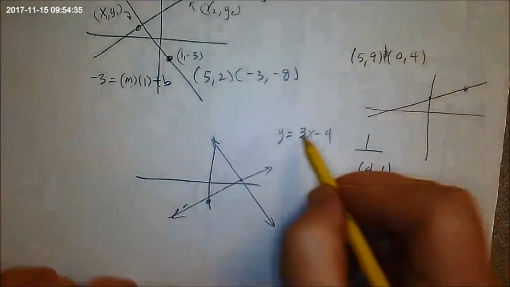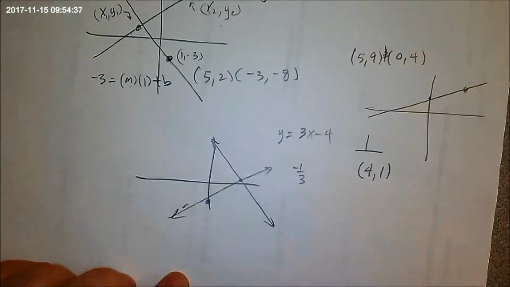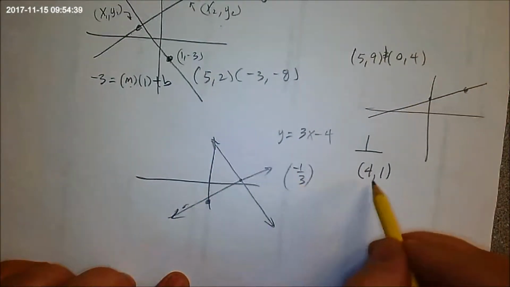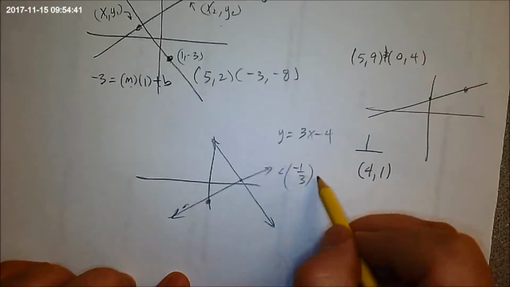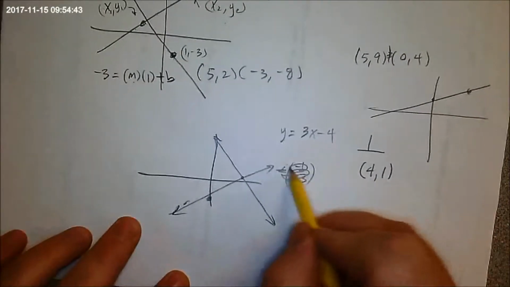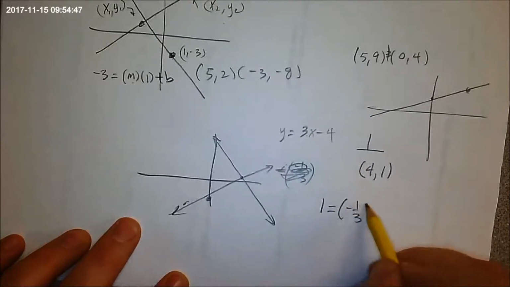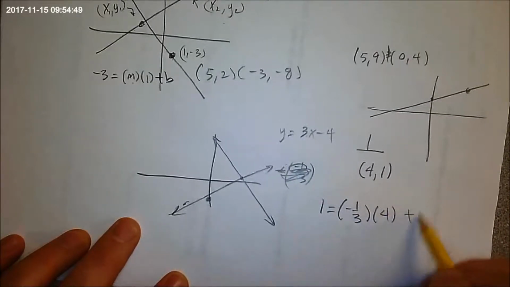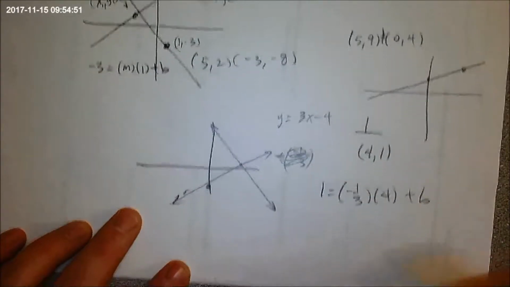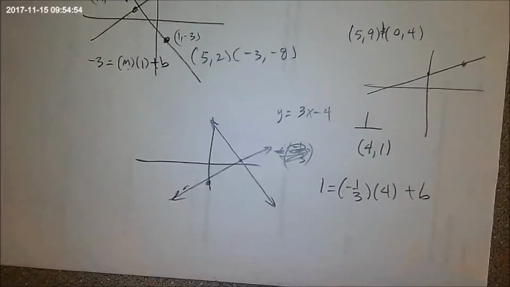So your slope would be -1/3. And then you would plug in these numbers here. So 1 equals -1/3 times 4 plus b. And you'd solve that. And then you'd write your answer. That's the difference. That's like the big idea. Mikey, that's the big idea.